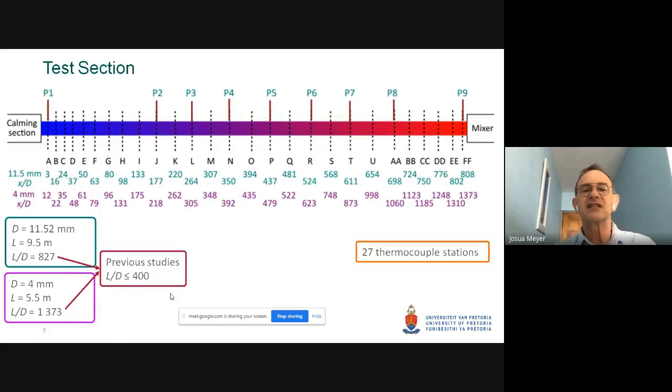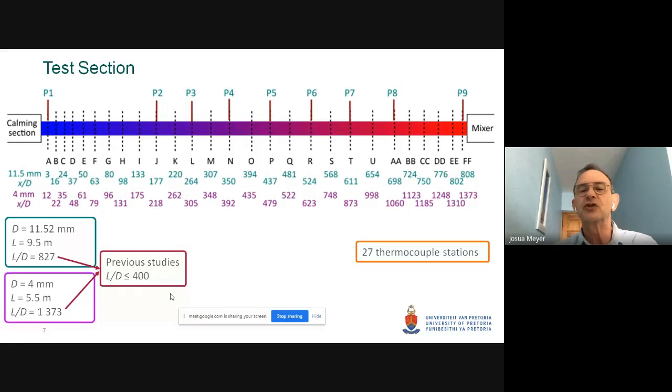So this is the test section that we've used. We used two different diameter test sections, a 4 millimeter and an 11.52 millimeter. And we had 27 thermocouple stations along the tube. Here in the beginning, they were spaced very closely to each other, and then further away up to the last part, where we knew we would have fully developed flow.